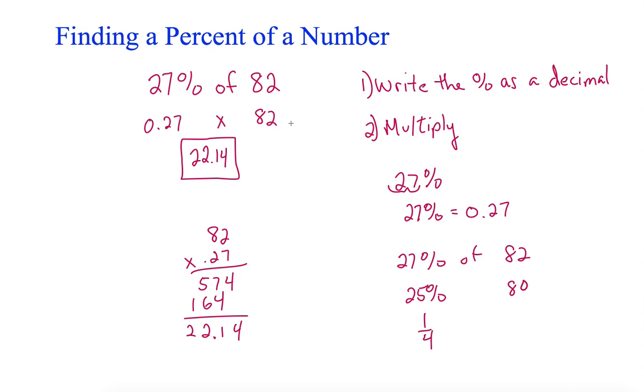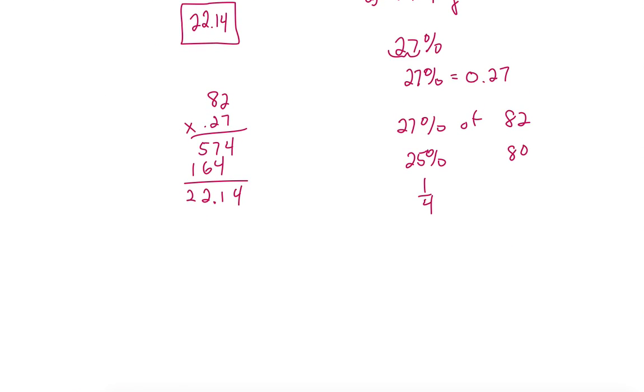Okay? Now the last quick thing I just want to make sure that we get is, let's just say that we had another problem, and let's say the problem was 125% of 91.